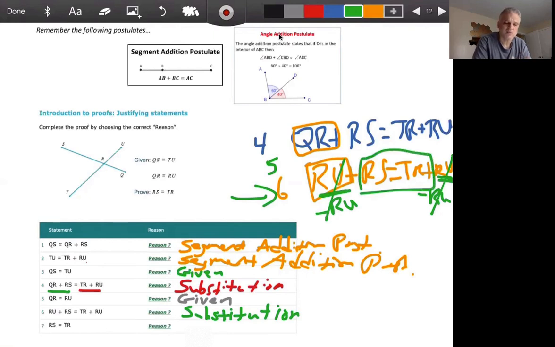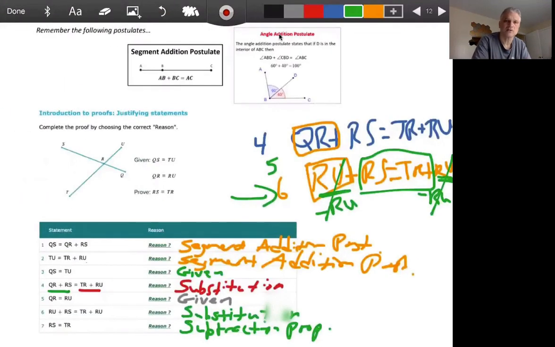That's the 7th statement. RS is equal to TR, which is what we wanted to prove. So how did we go from 6 to 7? Well, we subtracted the RU from both sides. So that's going to be a subtraction property of equality. I'm just going to write subtraction property. Again, this is going to be a drop-down menu on ALEKS, so it'll be right there for you to see. I believe that's it. It is. That's it. Okay. Unit 2, day 2 is done.